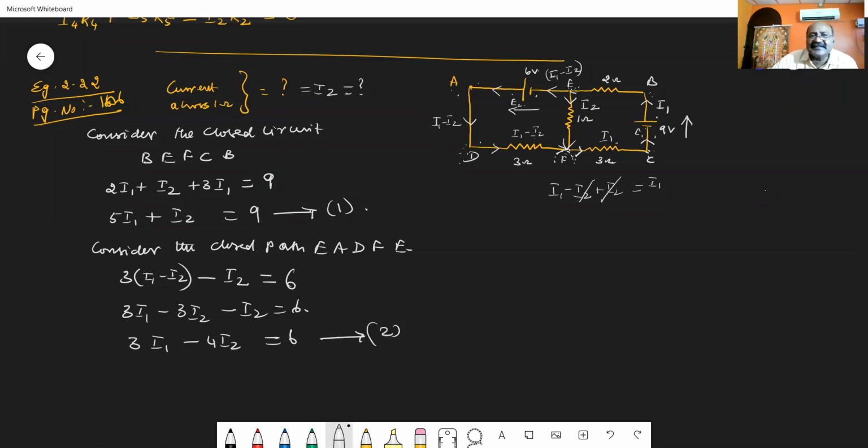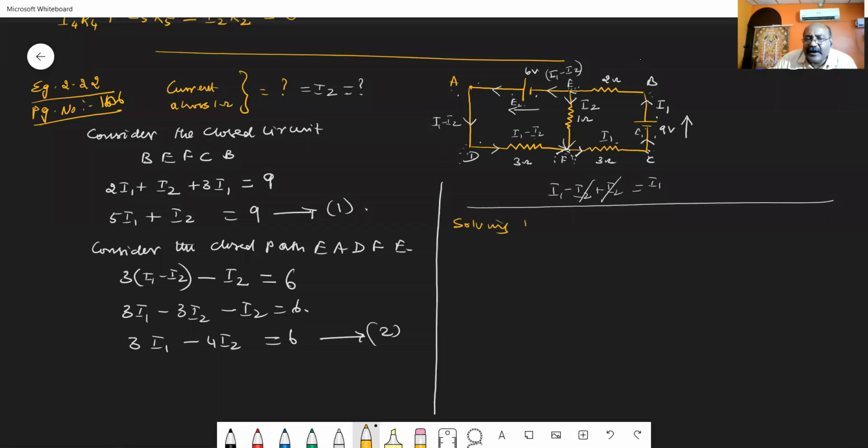Let us consider this as equation number 2. Solving equations 1 and 2, I can multiply the first equation with 4, or I can multiply the first equation with 3 and the second equation with 5. Then I can cancel I1 and get I2 directly.